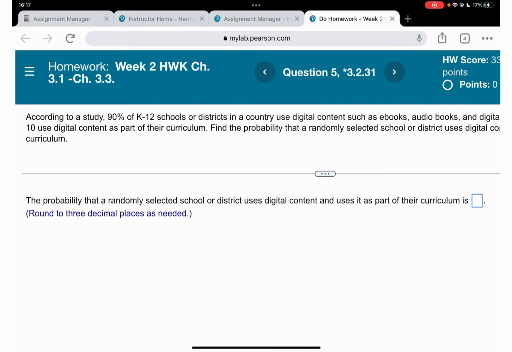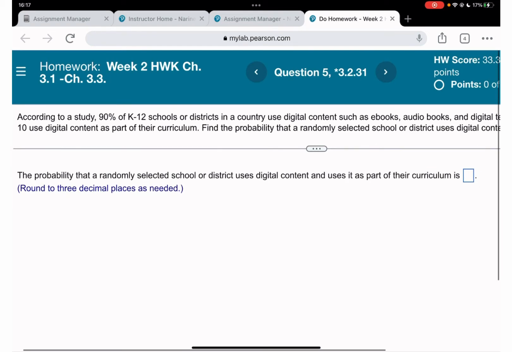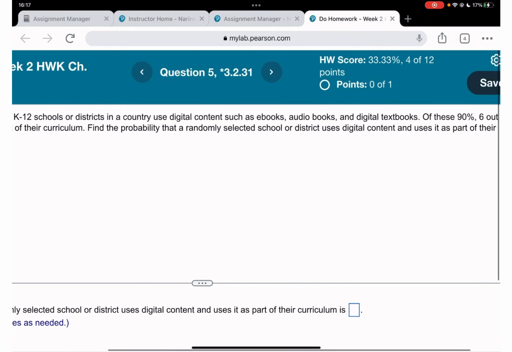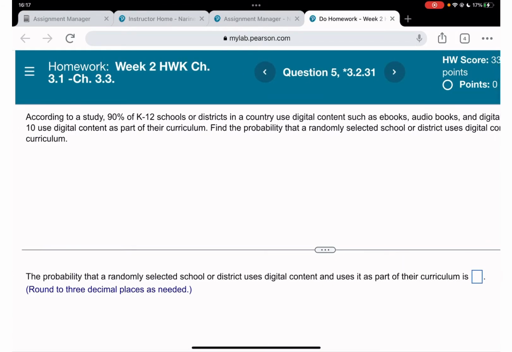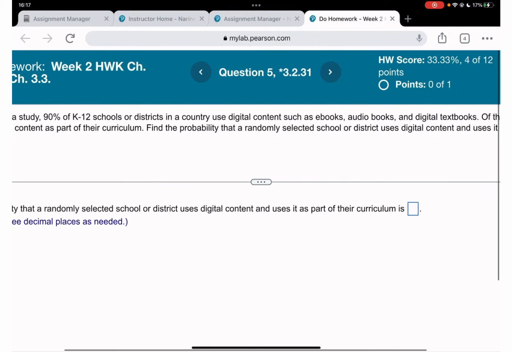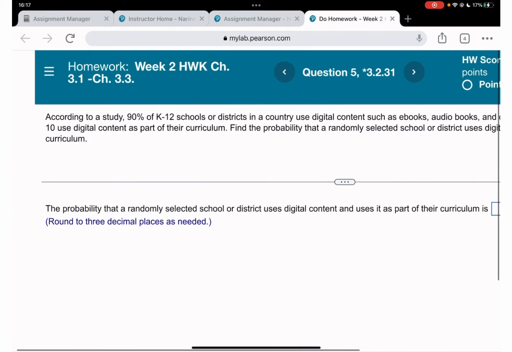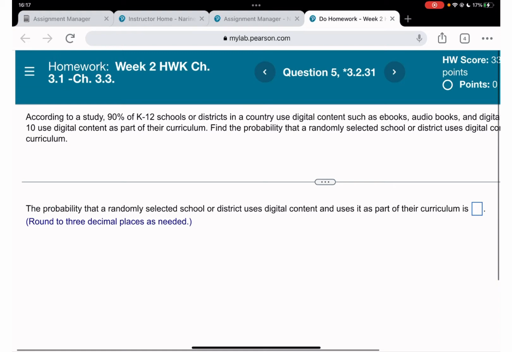Find the probability that randomly selected school or district uses content and uses it as a part of their curriculum. Okay, we have 90% and we have 6 out of 10. So let's see.